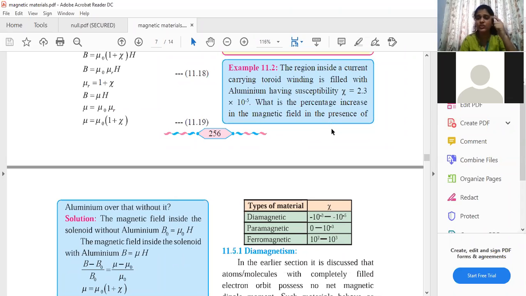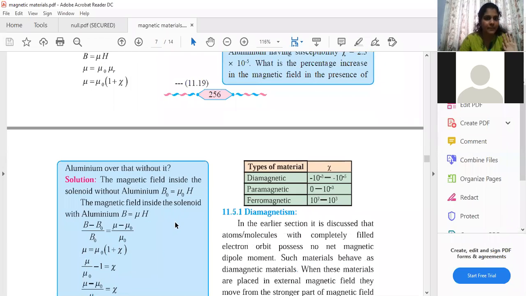Students, when any material is not present inside the solenoid, what is the magnetic field? B naught, right? As soon as I put the material inside, the magnetic field overall becomes B. I hope you all remember this.